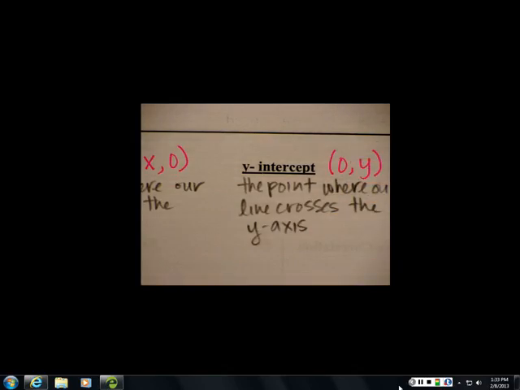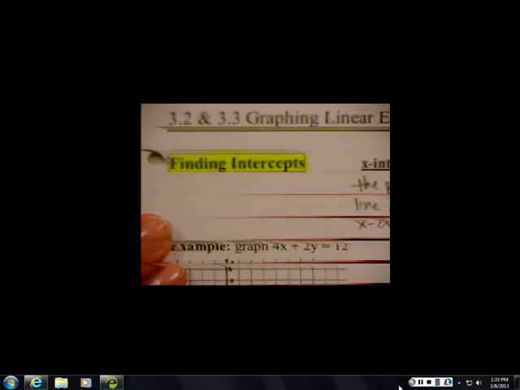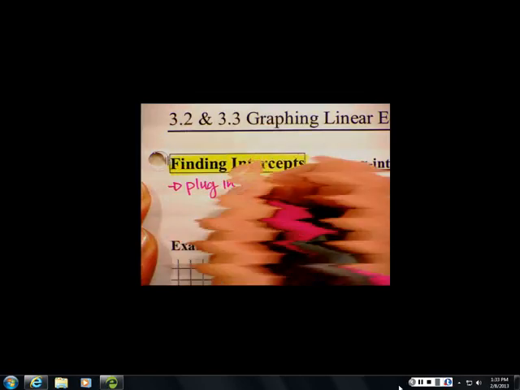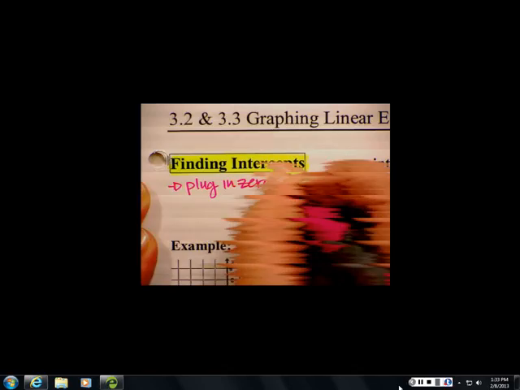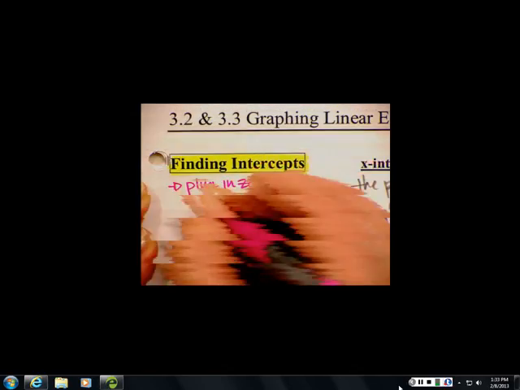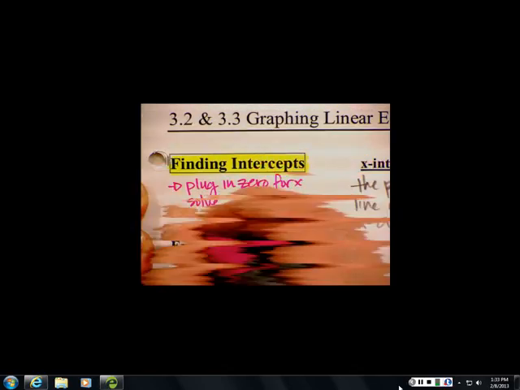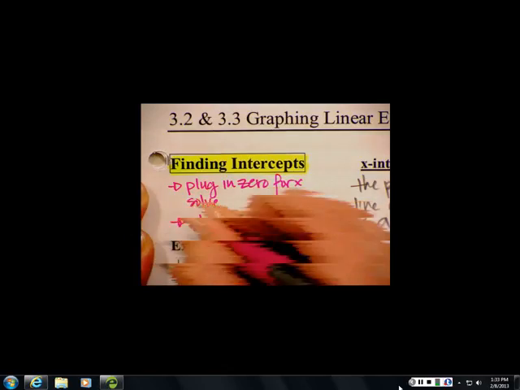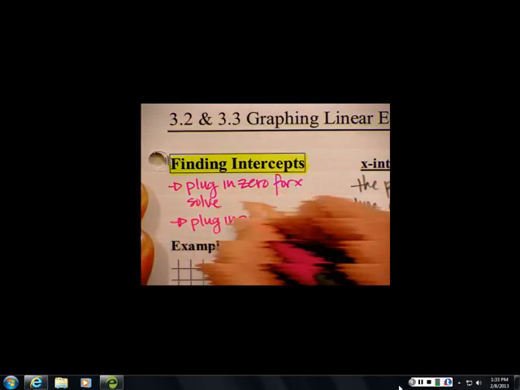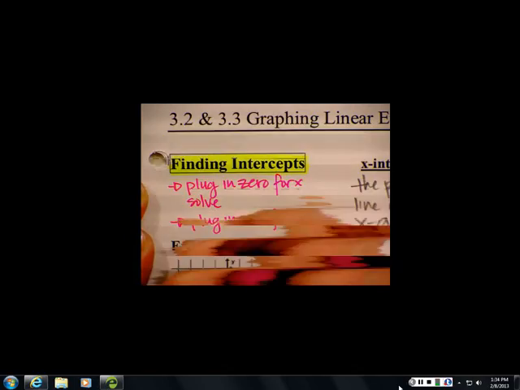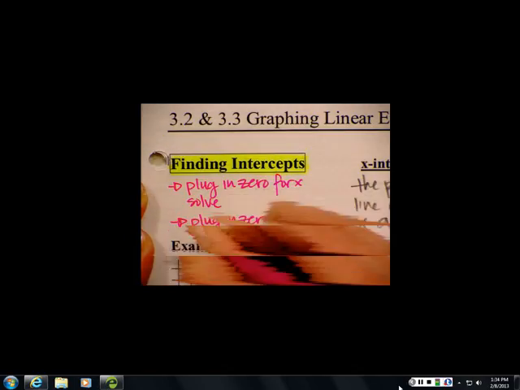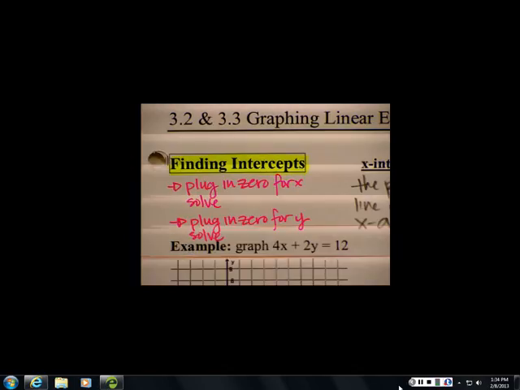When you're finding intercepts, basically what you want to do is plug in 0 for x and solve, and then plug in 0 for y and solve. That's your basic process here.